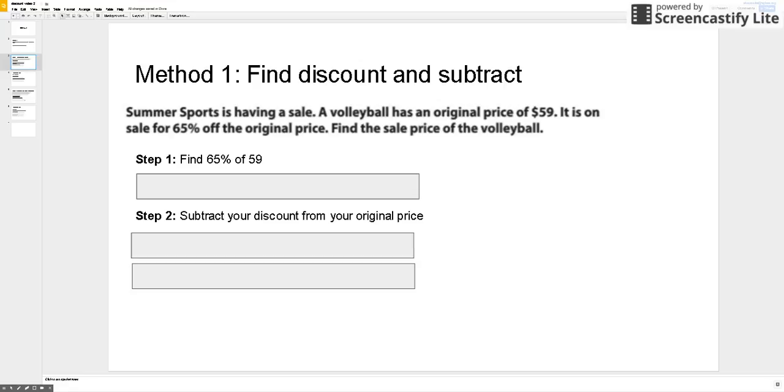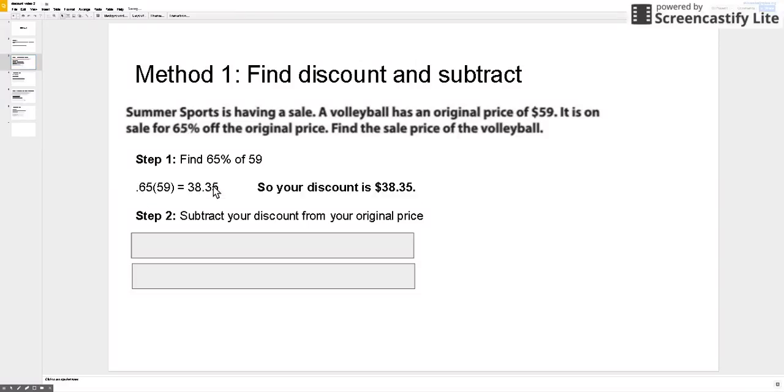All right, so this is one way that we can do it. We're going to start off finding 65% of $59, okay? If we find 65% of $59, that'll represent the discount. So we're going to move the decimal over 2 places to the left, where you change the percent to a decimal, right? You can do 65 divided by 100, however you do it.